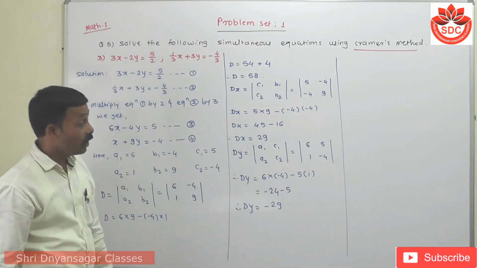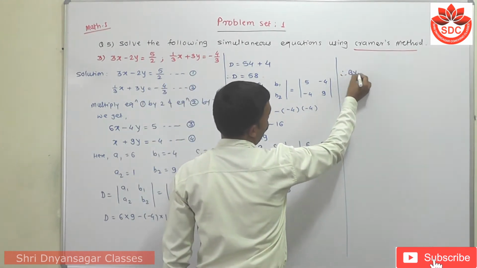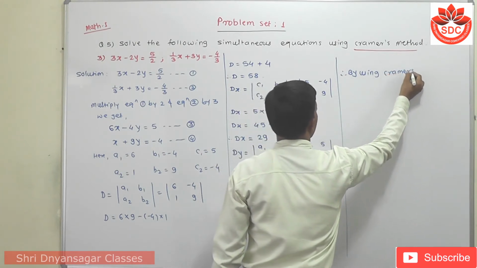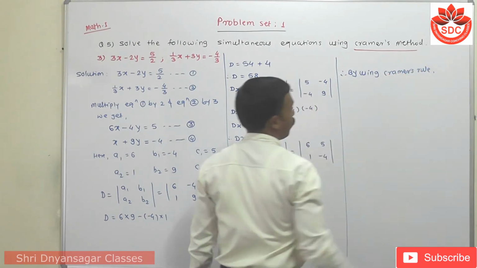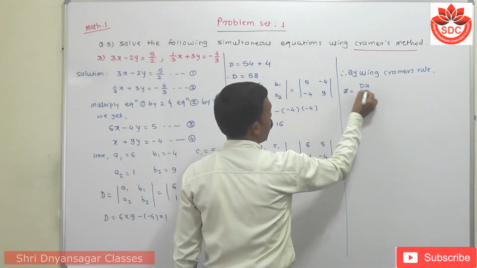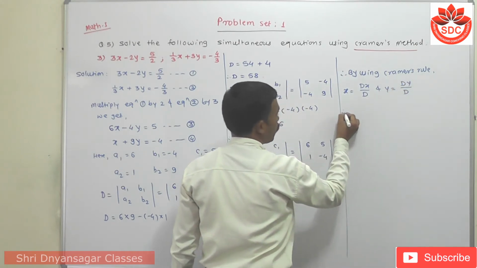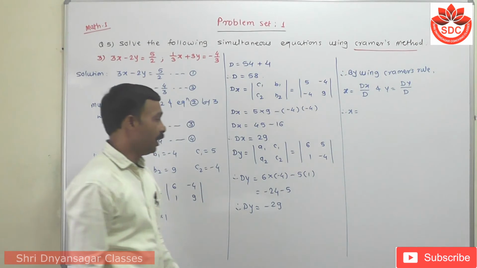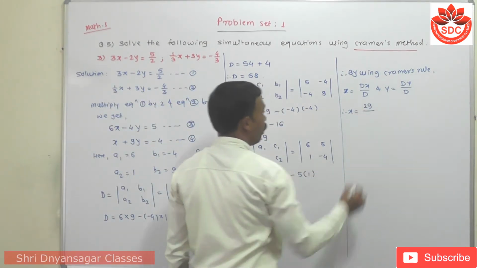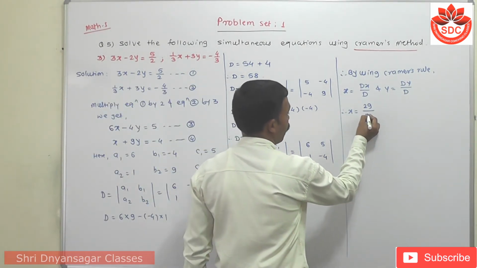Okay. Then we use Cramer's rule or method. Now this rule is that x is equals to dx upon d and y is equals to dy upon d. We substitute the values here. The value of dx is equals to 29 and the value of d, the determinant, is equals to how much? 58.